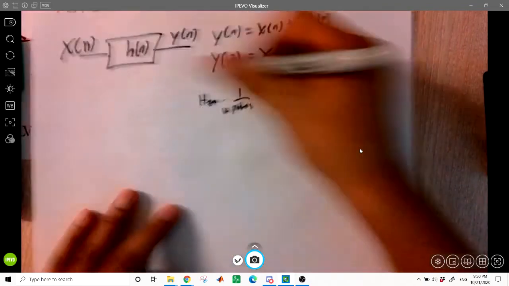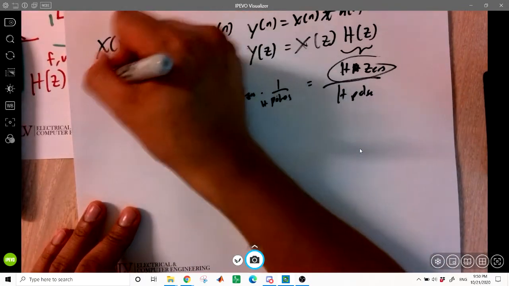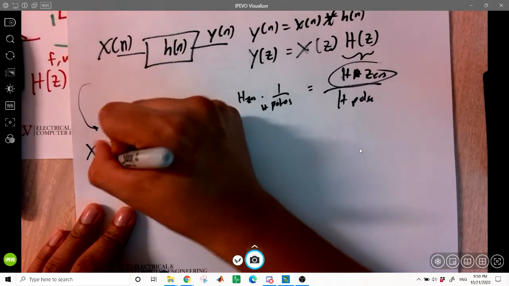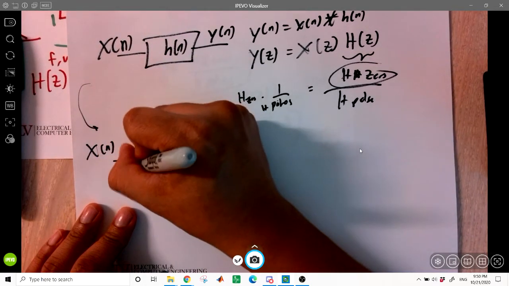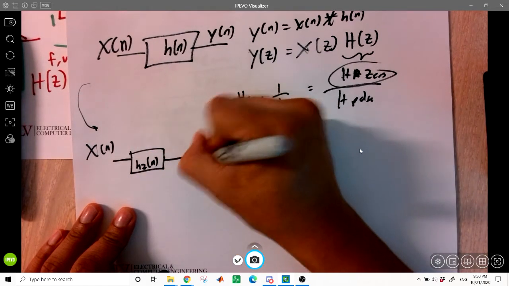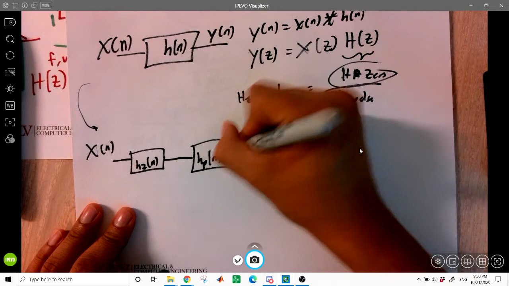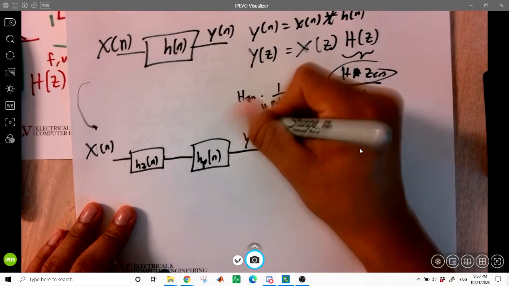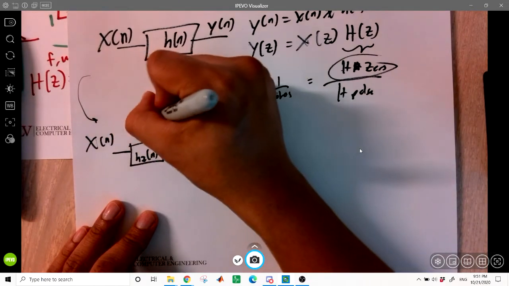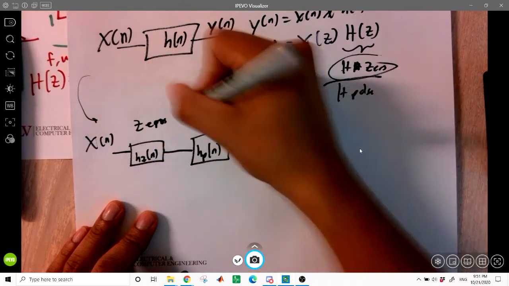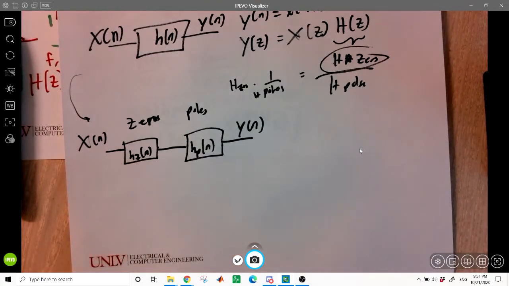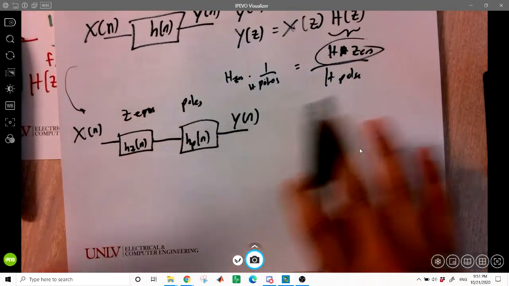So we can split it up into X of n, H zeros of n, HP of n, Y of n. We can split it up into these two types of systems. This right here is going to be our zeros, and this right here is going to be our poles. There we go. And let's ignore this.